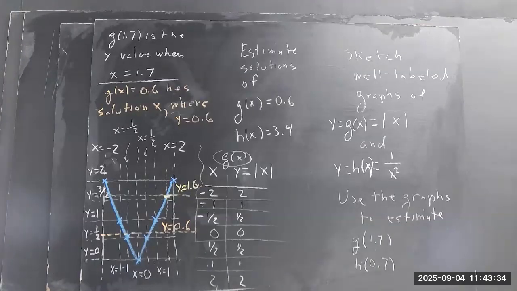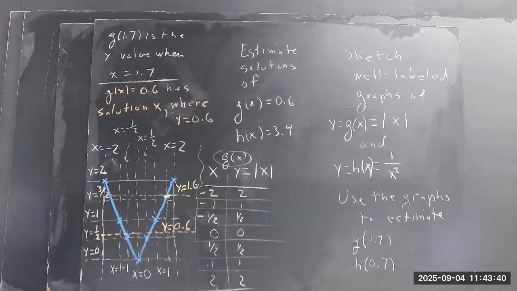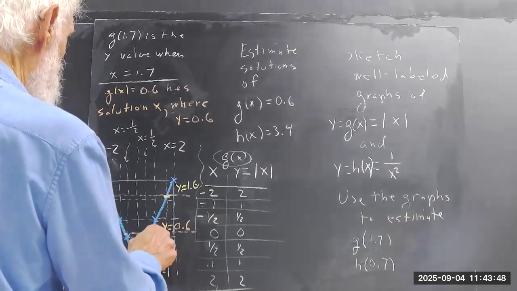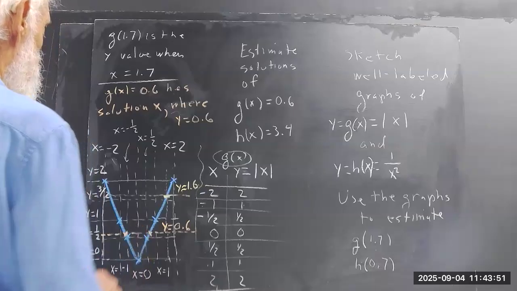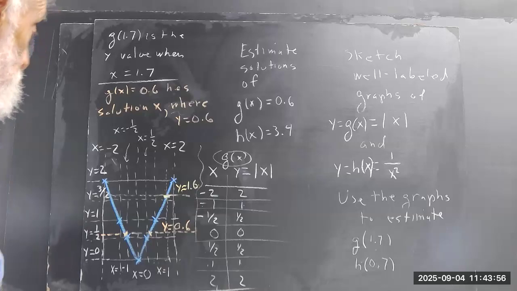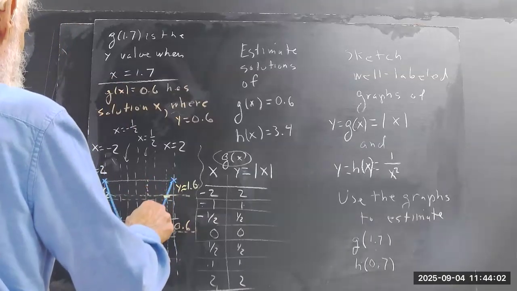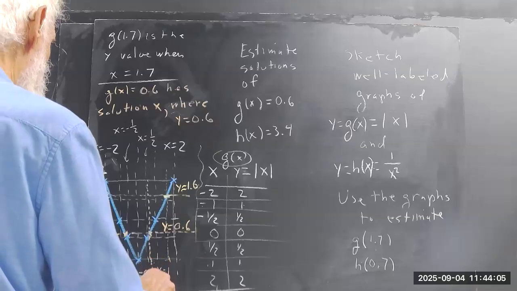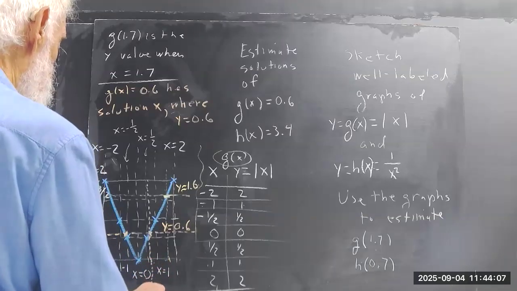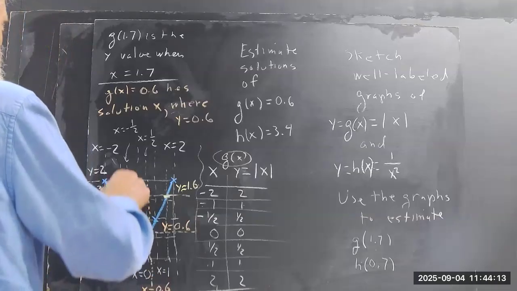Now, what's the x value where this line meets the graph? Where does the y equals 0.6 line meet the graph? Well, it meets the graph here. Of course, it also meets the graph here. Okay? Makes sense? So we want to know what the x coordinate is at each of these points. Well, it really looks like x equals 0.6 here.